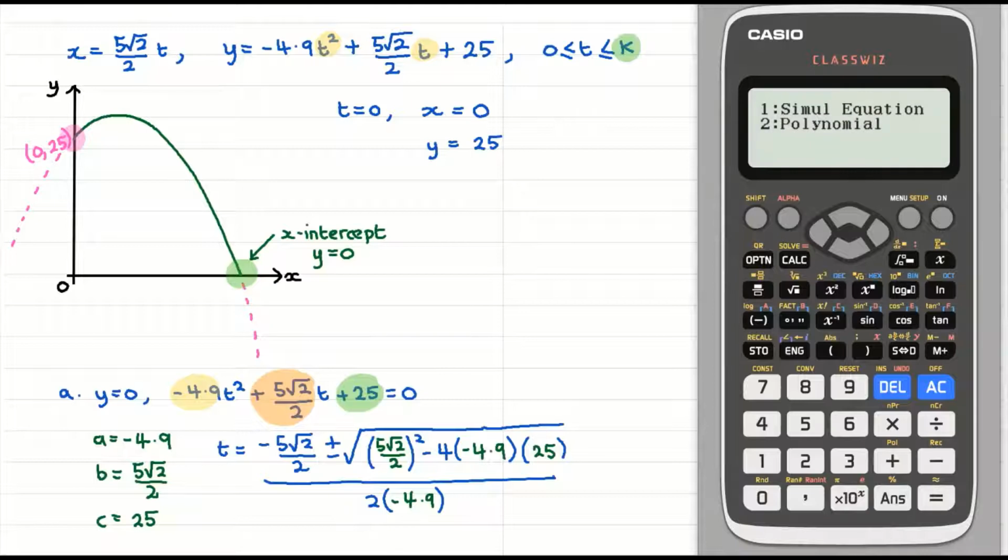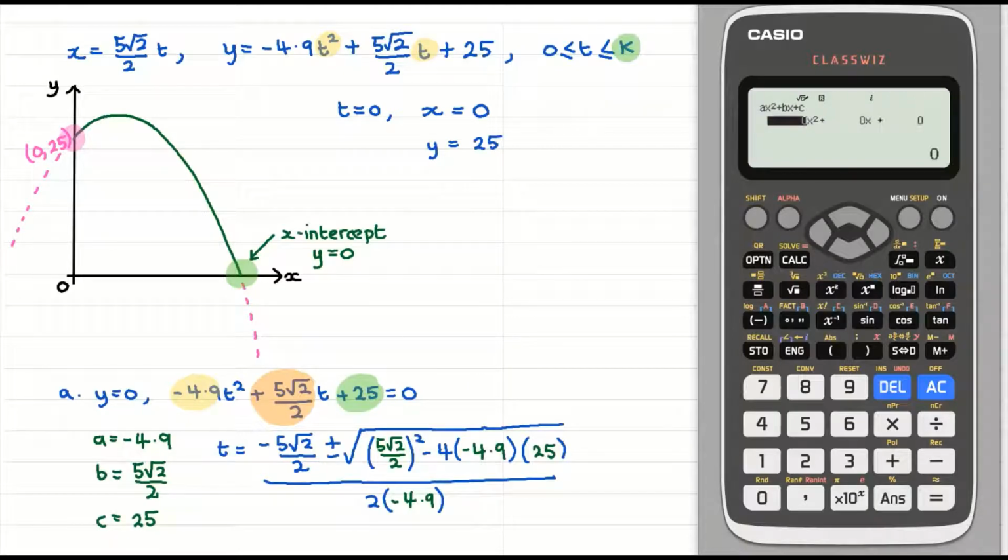Press equals. This is a polynomial, so that's option 2. The polynomial degree, remember, is the highest power of the variable in your polynomial. Because it's a quadratic, that's 2.